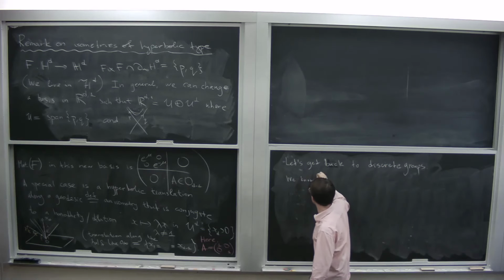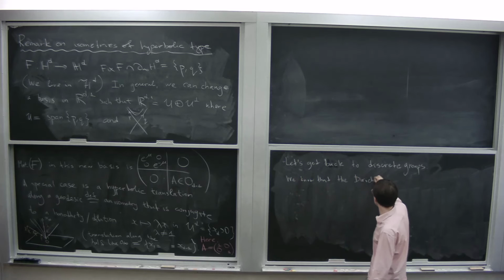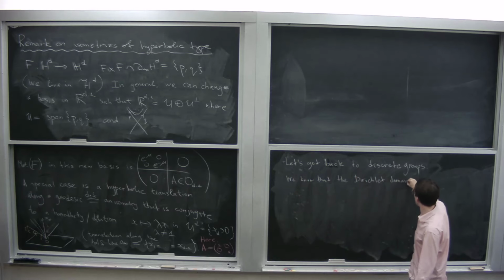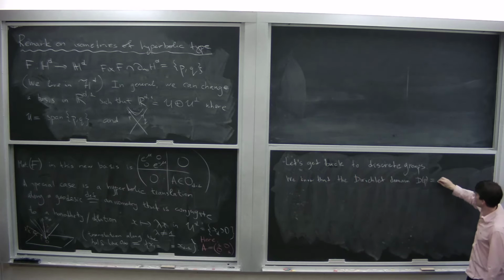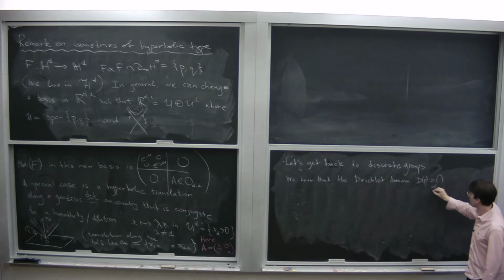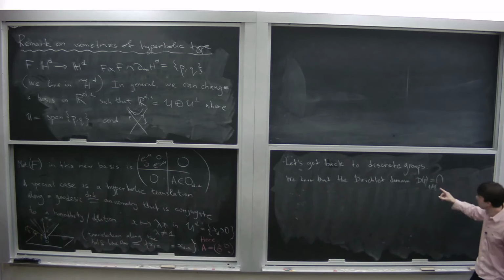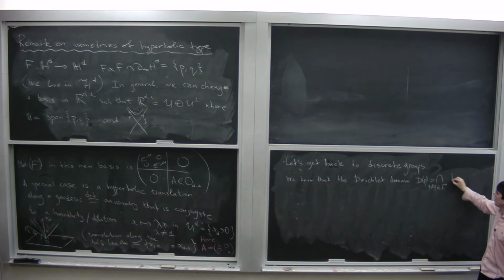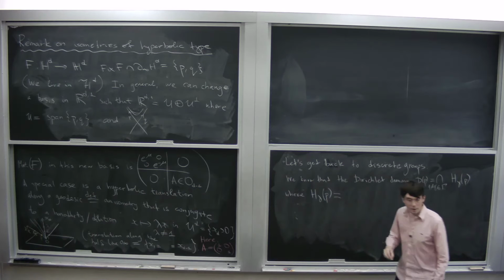I just remind that the Dirichlet domain D of P is the intersection, and I also forgot to write it in the previous lecture, the intersection should be taken for all non-identity elements gamma from my discrete group gamma, of H gamma of P, where H gamma of P is a half space.